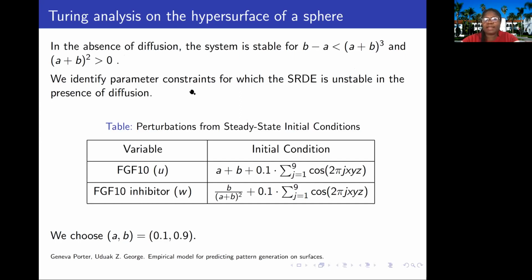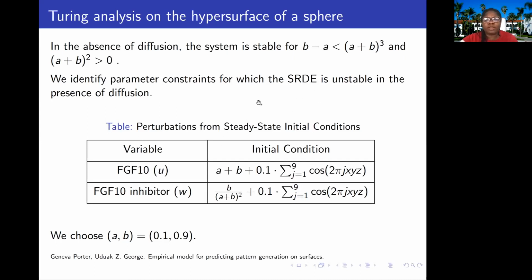Now we identify the constraints in the surface reaction diffusion system such that in the presence of diffusion, the system will be unstable. So with Turing analysis, you have a system where in the absence of diffusion, the system is stable, but when you bring in diffusion, the system becomes unstable.